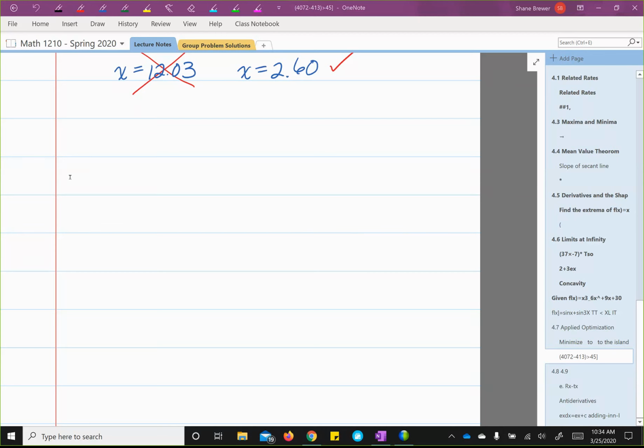On 315, he listed the formula for the volume, and for some reason I keep getting weird answers for the maximum height. Let me find it here.